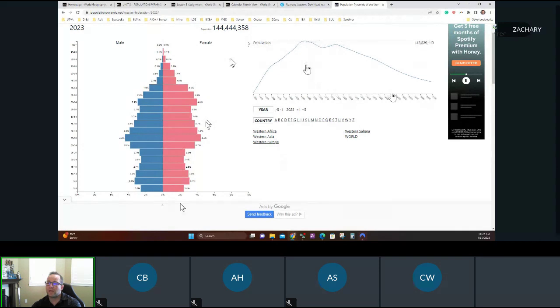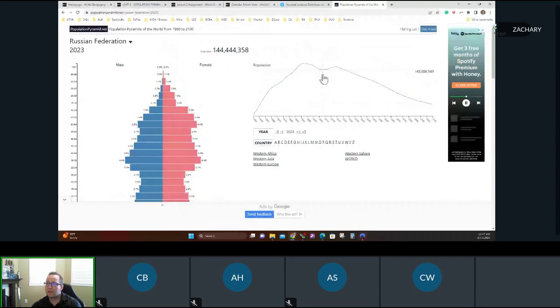So if you look at this rate over here, it's going to tell you that as of right now, the population in Russia is decreasing at quite a significant rate. For example, in 20, 30, 40 years, they're probably not going to have a country the way that they know it right now, because their population's decreasing so much.